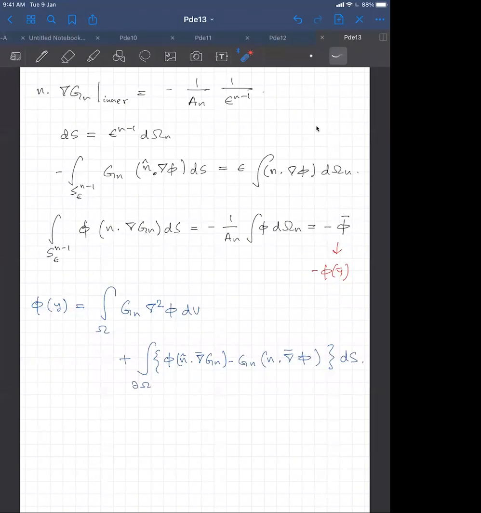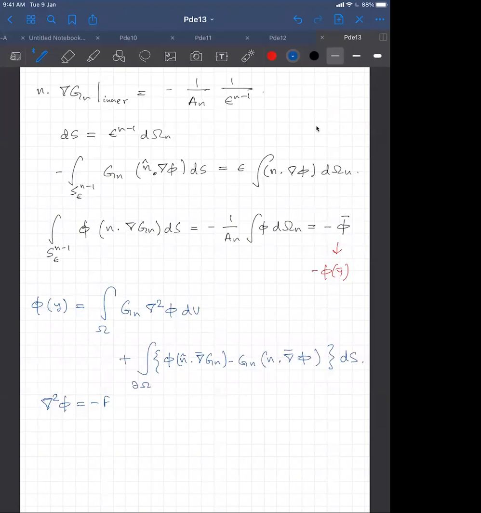Okay, so that's useful. Finally, what we will do is take del squared of phi, sorry, which is equal to minus f.